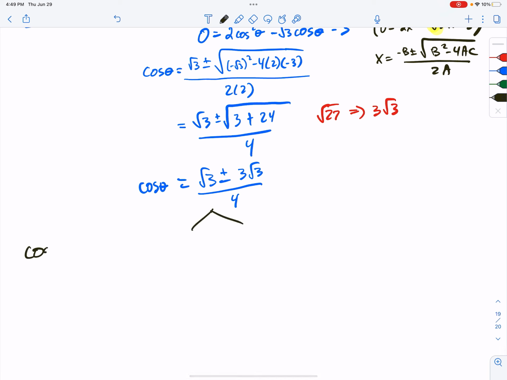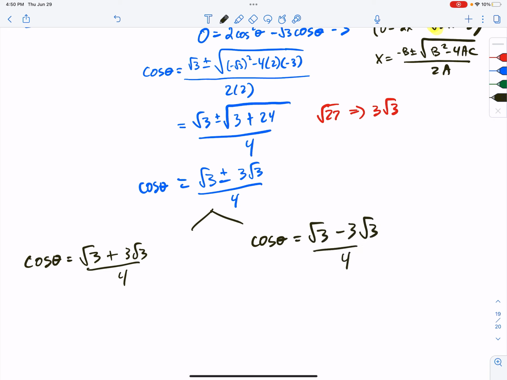So cosine of theta is equal to square root 3 plus 3 square root 3 divided by 4. The second branch is cosine theta is equal to square root 3 minus 3 root 3 divided by 4.